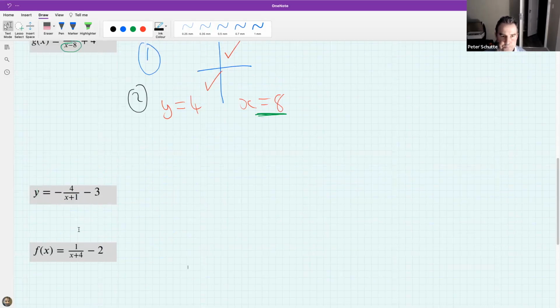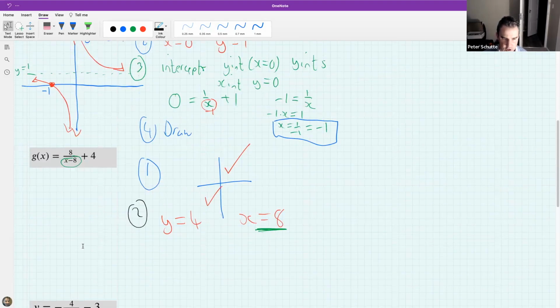Okay, so now, where were we on our journey? Step 3 was find the y-intercept. So if I want to make the y-intercept, I go y equals 8 over 0 minus 8 plus 4. So what's my y-intercept going to be?